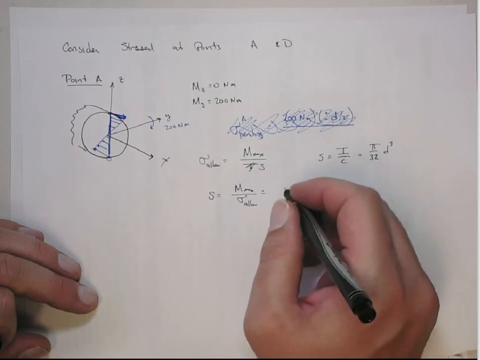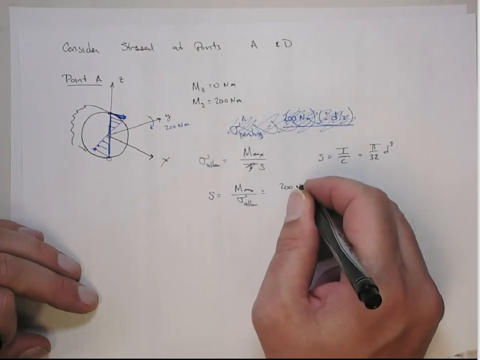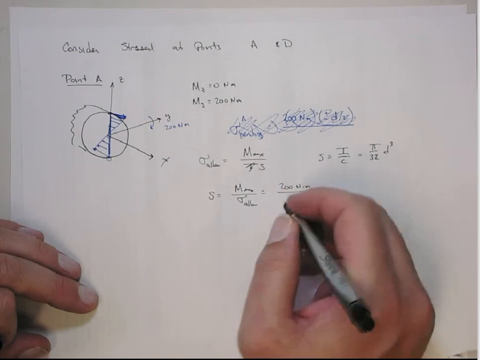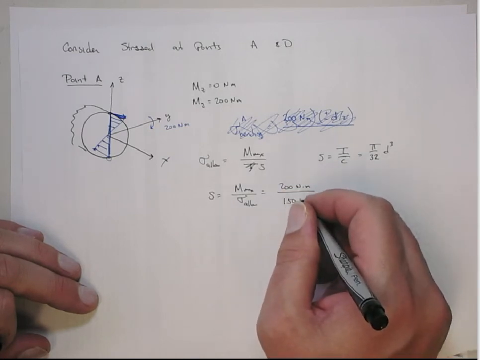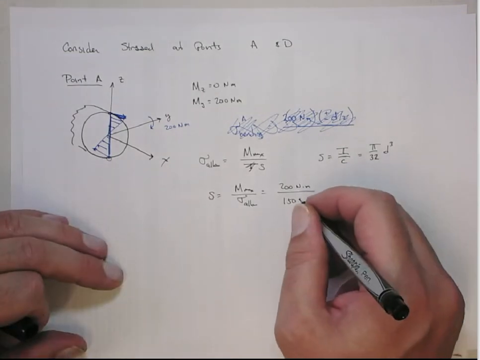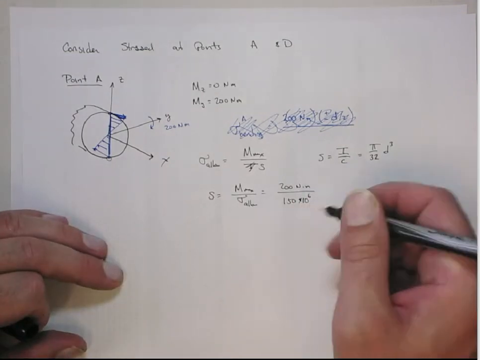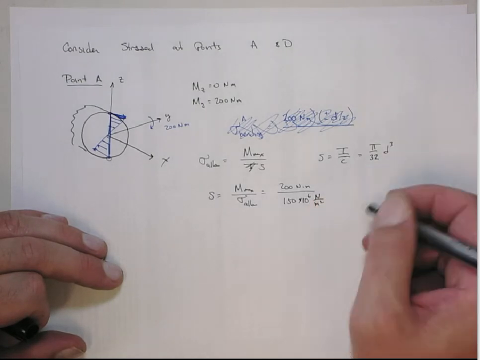That's just going to be 200 Newton meters over the allowable, which is 150 megapascals, 150 times 10 to the 6th Newtons per meter squared.